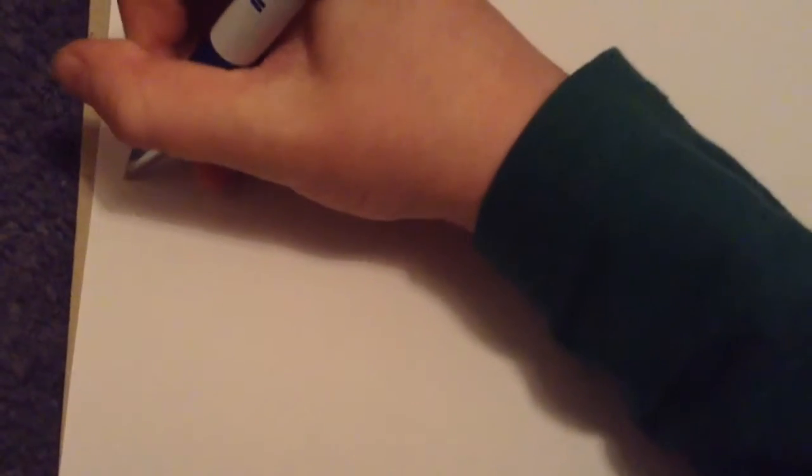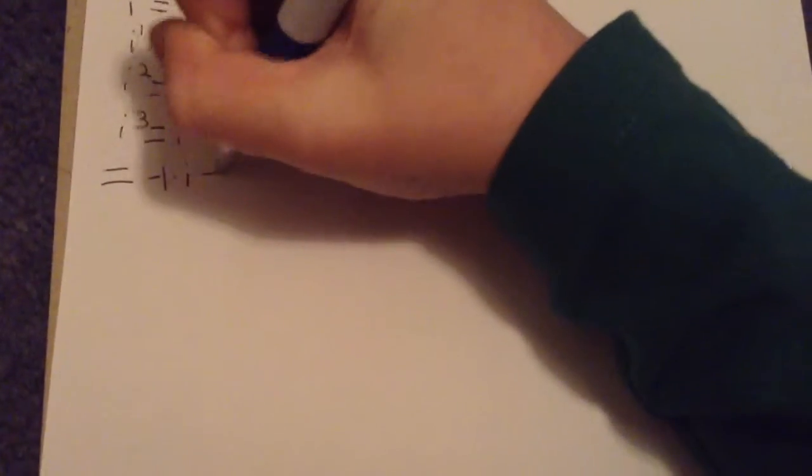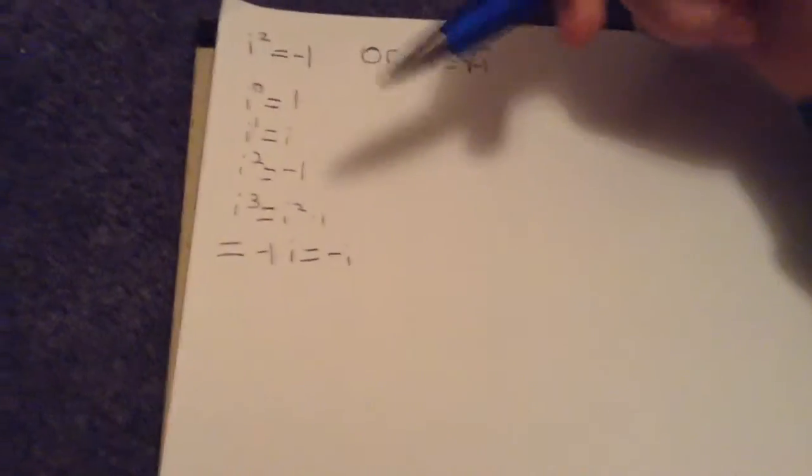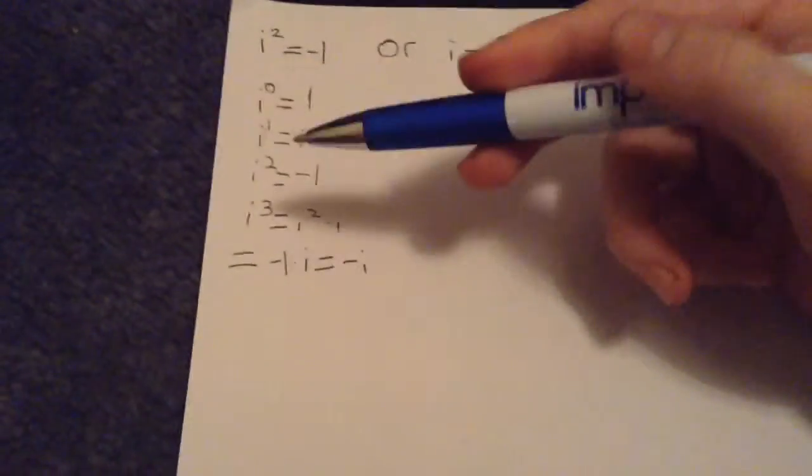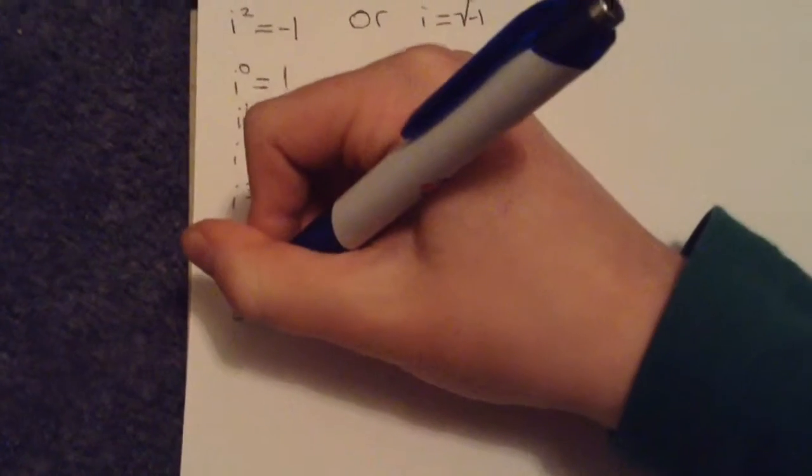So, i squared times i is going to be equal to -1 times i, which is just going to be equal to negative i, as you can see there.